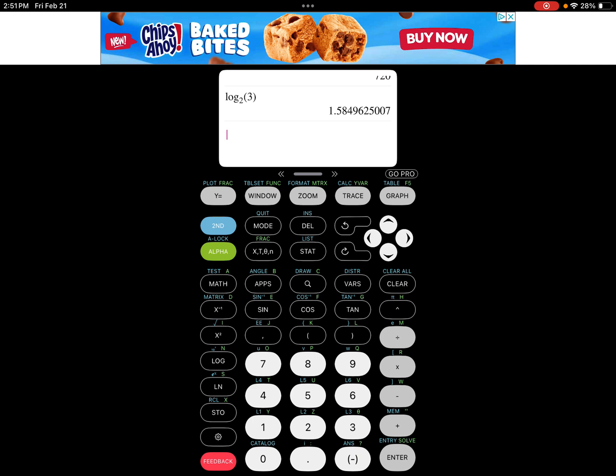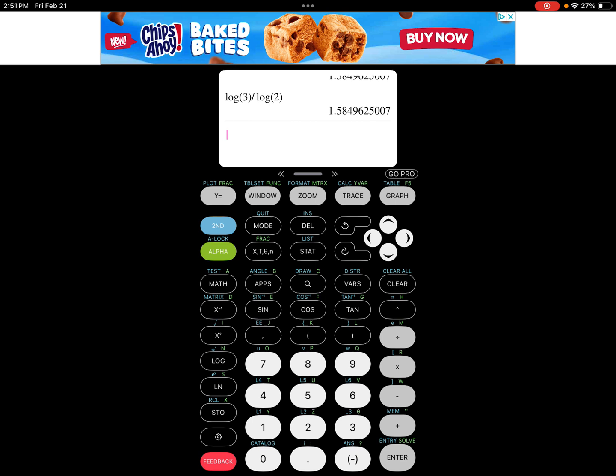So technically, you don't have to put in the change of base. For the change of base, you would use the log button, which is underneath x squared. So you would do log of 3 divided by log of 2, enter. Okay, you get the same thing.